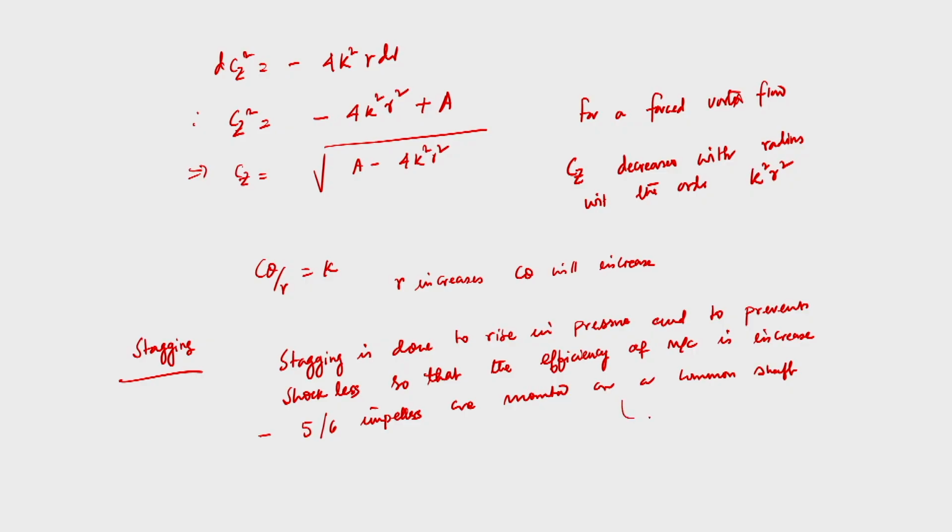If I draw the schematic again, suppose this is the axial flow machine.